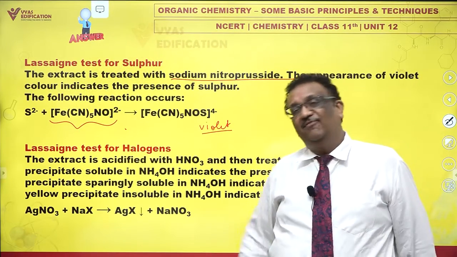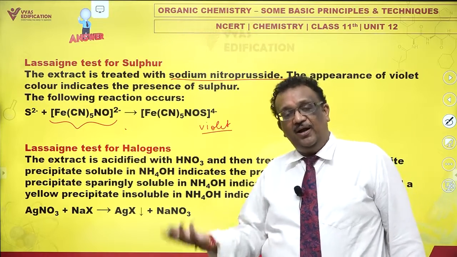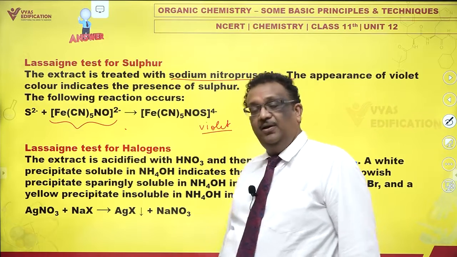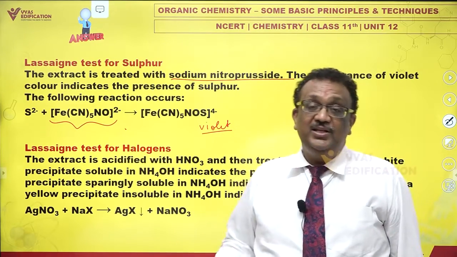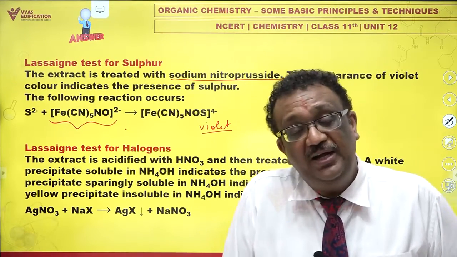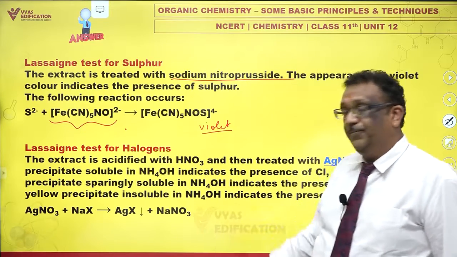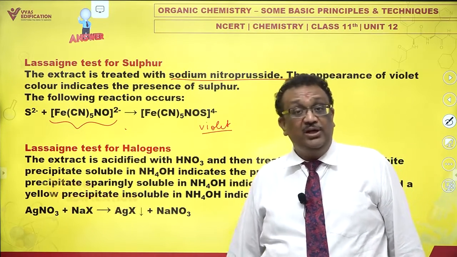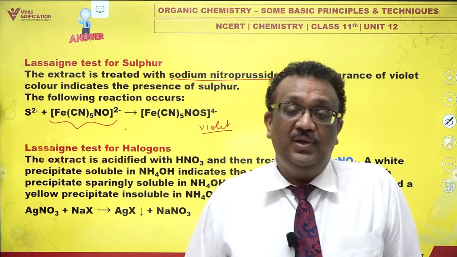What about halogens? They're very easy, they'll form halides, like chloride, bromide, iodide. You first acidify them and then add silver nitrate. You get either AgCl or AgBr or AgI as precipitates, and then add aqueous ammonia. AgCl will dissolve completely in aqueous ammonia, giving you a colorless solution.